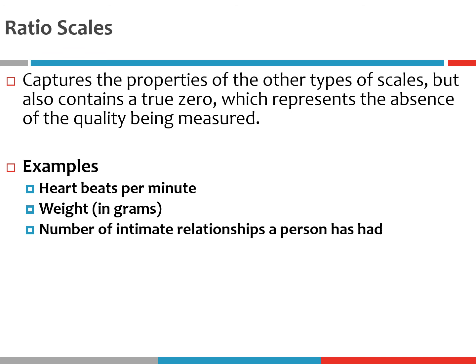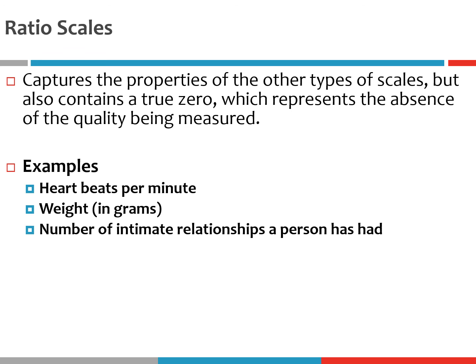The reason why we call variables in this category ratio variables is because we can also compute ratios if we have a natural 0 point. So a person who has had 4 relationships has had twice as many as someone who has had 2 relationships. So when we have a meaningful 0 point, we're able to very easily compute ratios.